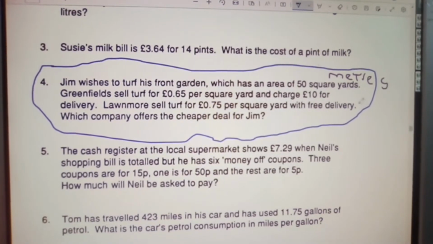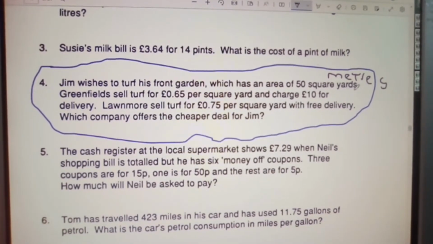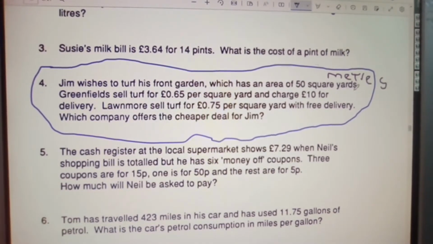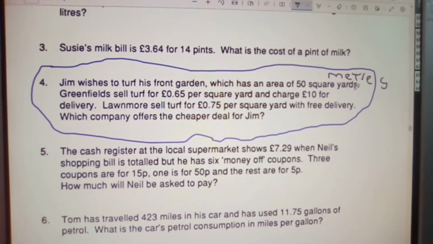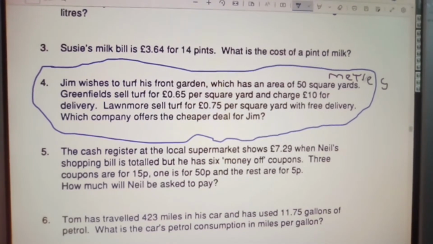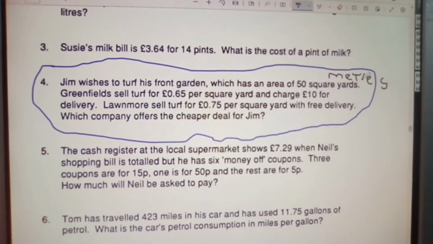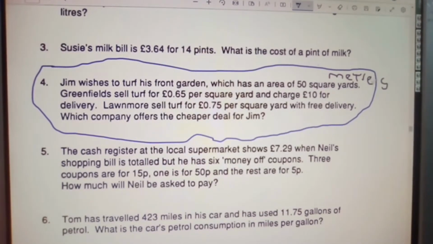I'm thinking meter is spelled M-E-T-R-E-S, meters, whether M-E-T or meter. Oh, goodness me. Well, you know how it's meters, okay? So you find the correct spelling. That should give you something else to do as well.